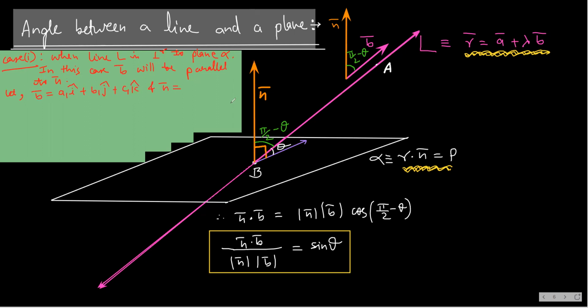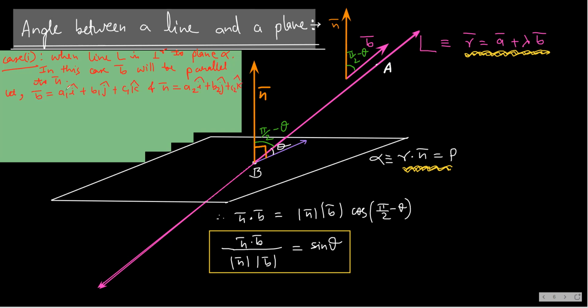Obviously, these are vectors, so they can be given as a linear combination of i cap, j cap, k cap, and N bar. Suppose I'm given as A2 i cap plus B2 j cap plus C2 k cap.